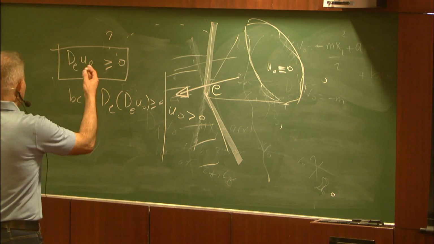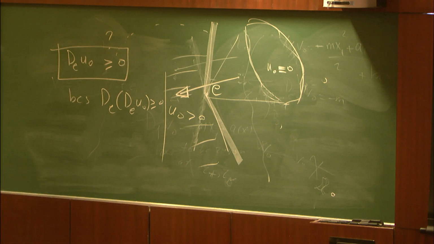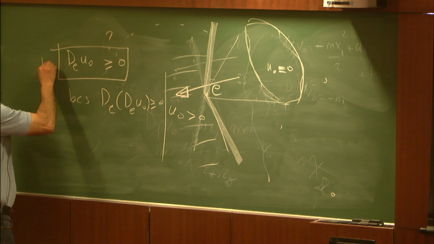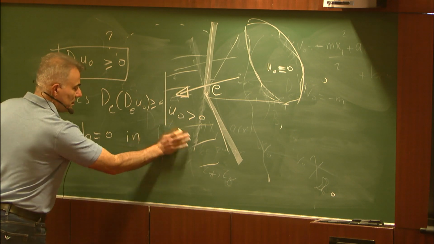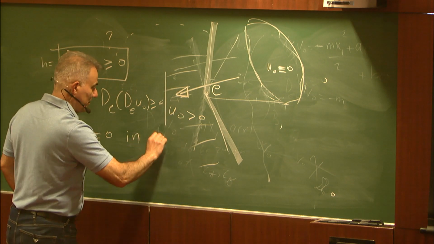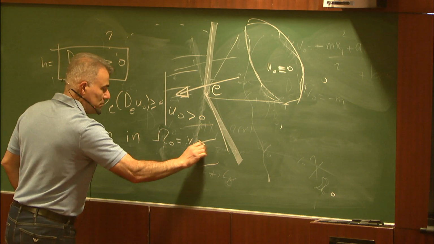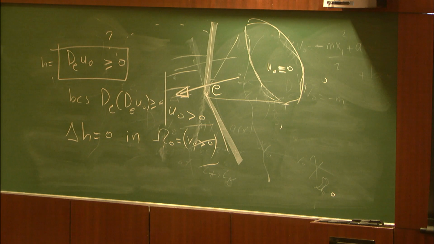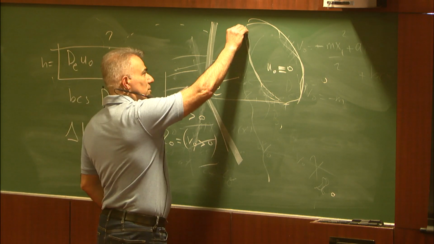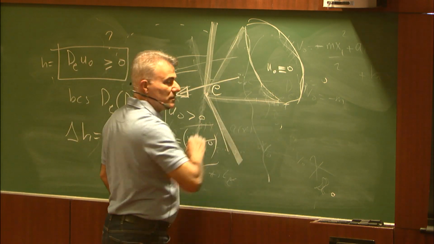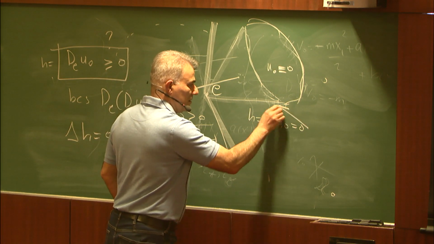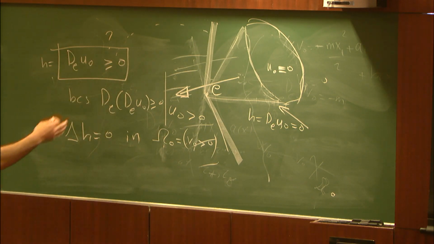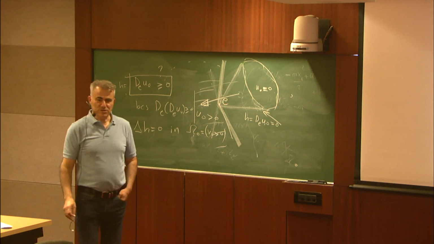So this function, we call it v or whatever you call it, h. So the function h is what? It is harmonic in the set omega 0, let's say. This is a harmonic function. So a harmonic function which becomes 0 here, so h is 0 on the boundary of the cone, then it is non-negative inside, and it's a harmonic function.